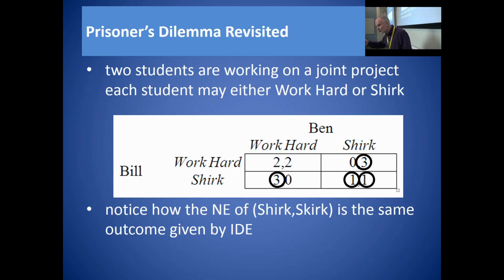That's always the best response, regardless of what the other player does. So that logic would mean that dominant strategy that we identified previously must be part and parcel of that Nash equilibrium. But notice how this idea of a Nash equilibrium is exactly the same outcome that we did find with the iterated dominance equilibrium. So obviously, there's a relationship between these two equilibrium concepts.